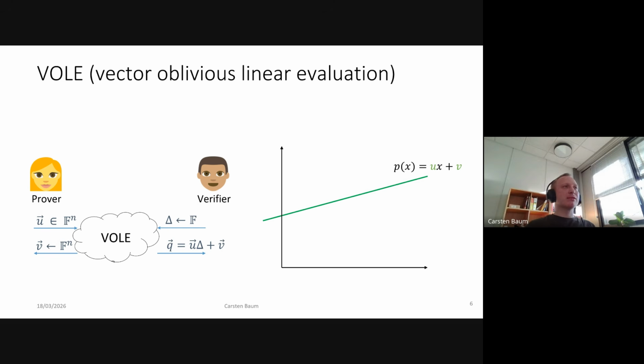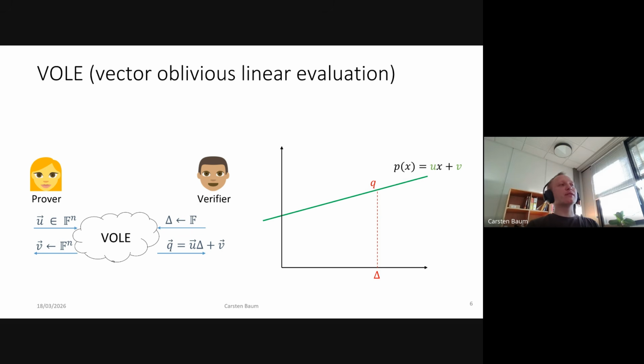You could think about this as the prover getting a polynomial of degree 1, or a linear equation, and the verifier getting the evaluation of this linear equation in a single point. So it knows the point, and it knows the evaluation of this polynomial in that point. This is what an oblivious linear evaluation is.